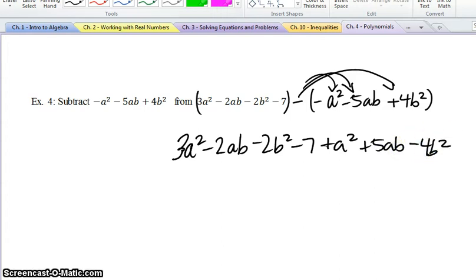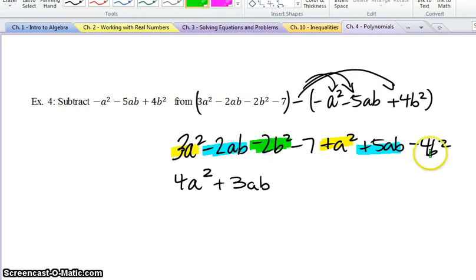So I'm going to do my like terms. So first I'm going to look at my a squared. Oh, I have a positive a squared right here. So 3a squared plus a squared is 4a squared. Again, you're not adding the like terms, they stay the same. We're only adding the coefficients. Okay, now ab, and this is a positive 5ab. So minus 2ab plus 5ab, which would give me a positive 3ab.